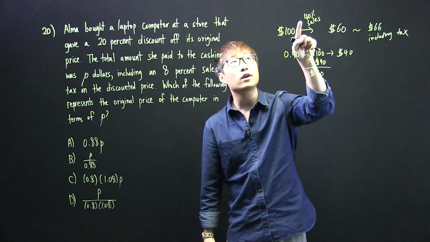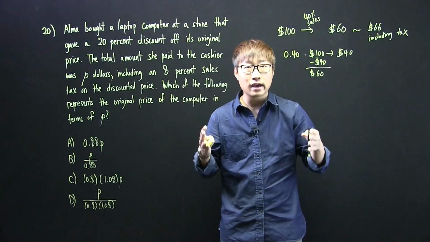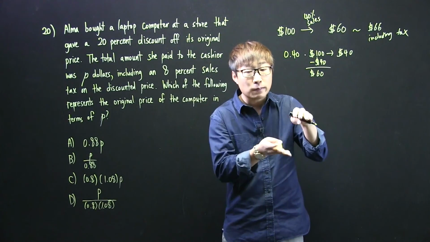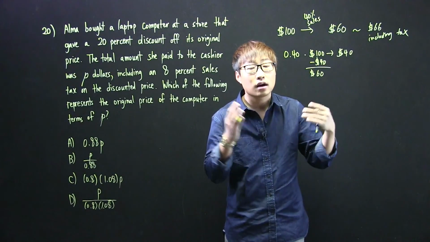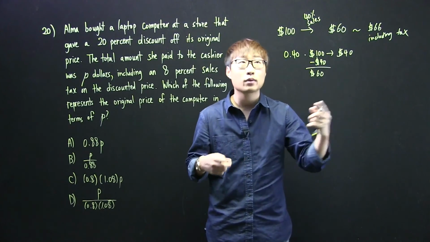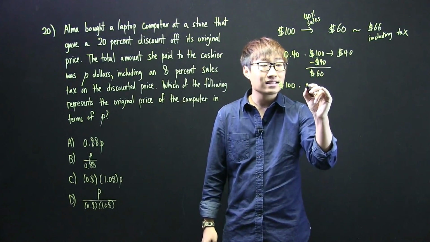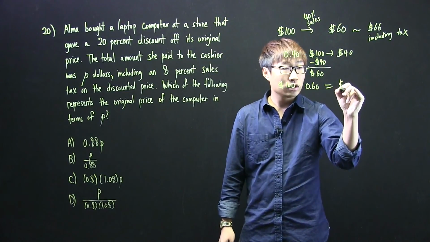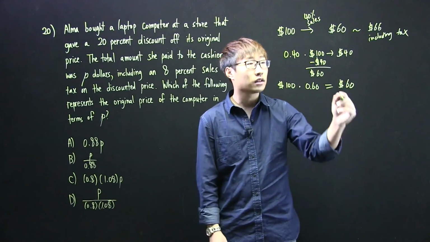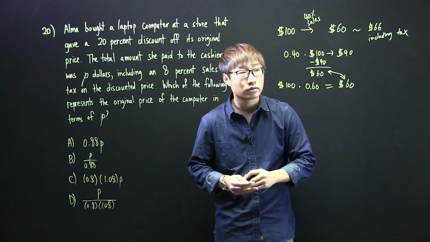Why is that? Because 40% is discounted. There's 100% that I have to pay, but if I'm discounted 40% off of that, I'm actually paying 60% of the original price. So see what happens. I take the original $100, and then I'm paying 60% of the original, which leads to $60 once again. These two are the same value.